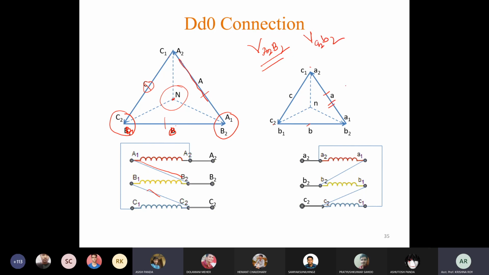In case of delta, the phase voltage and line voltage are basically the same, isn't it? So here V capital A2 B2 will be in phase with V small a2 b2, and this line is parallel with this line. These are phase voltages as well as line voltages.